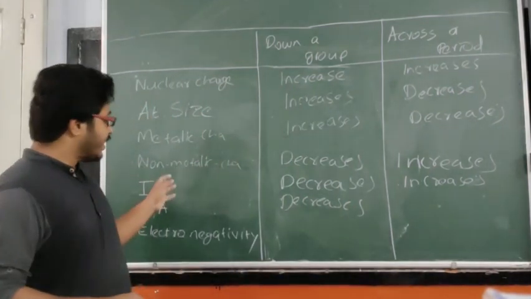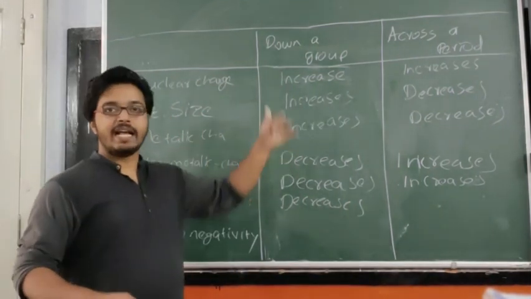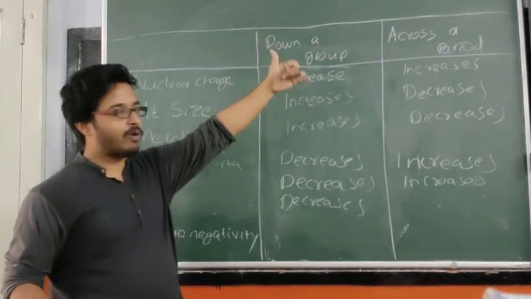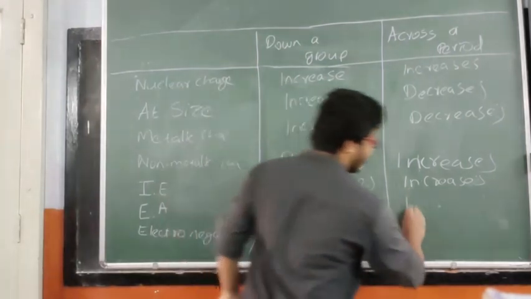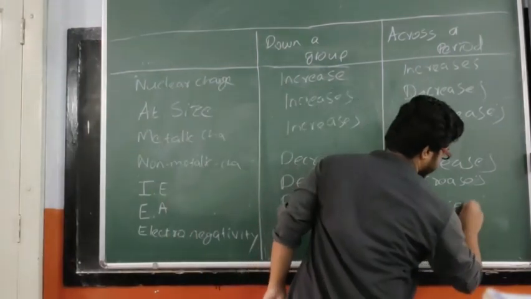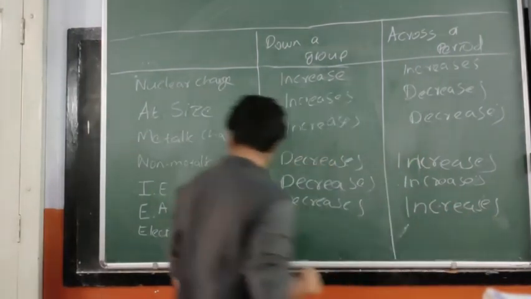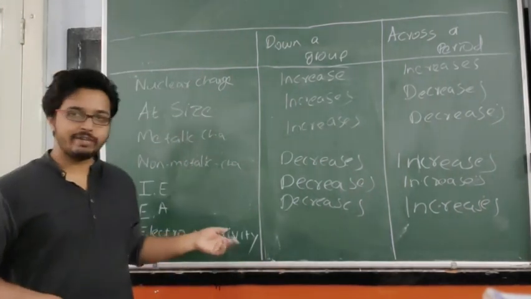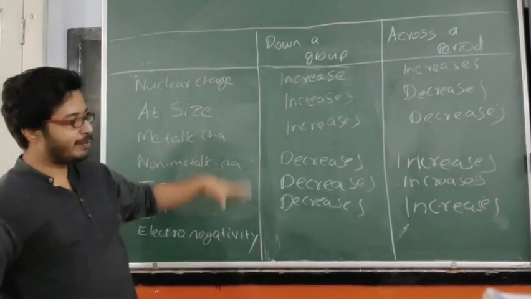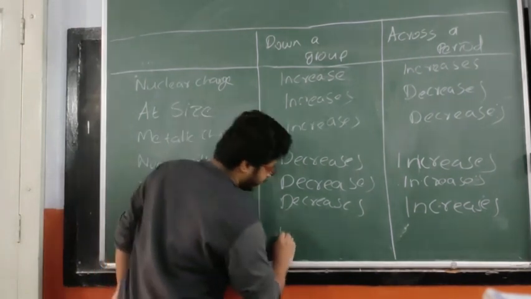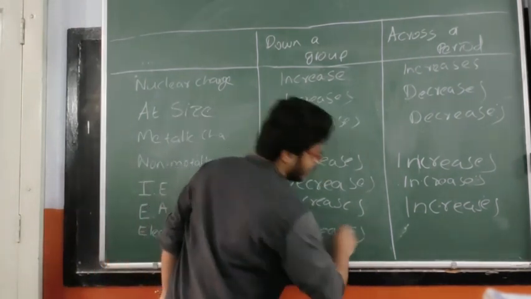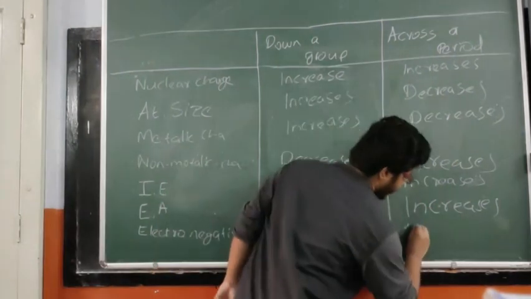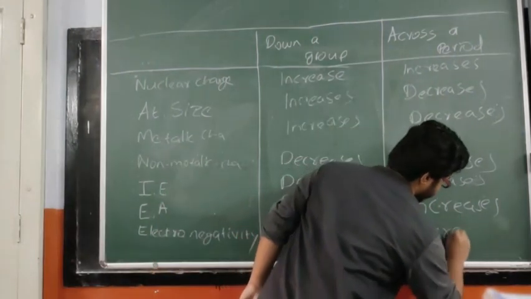If you are moving across a period, electron affinity is maximum at the top right corner, so it is supposed to increase here. The last one is electronegativity that we have discussed here. When we are moving down a group, electronegativity decreases. When we are moving across a period, it increases.